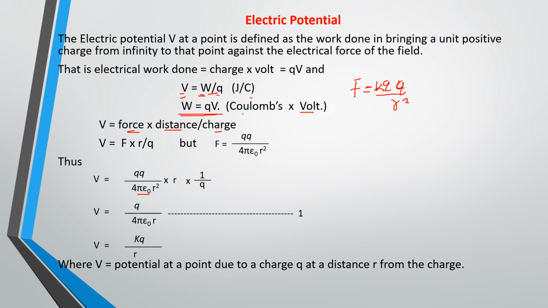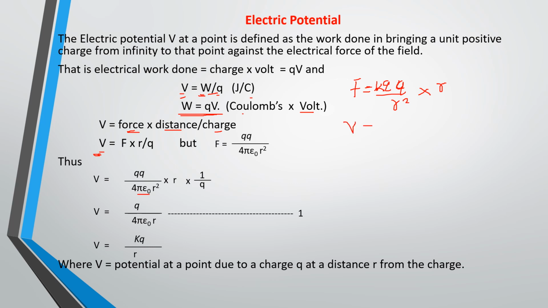Okay, so this is the force. So work done is equal to force times distance. Then all this divided by Q gives V, which is electric potential.